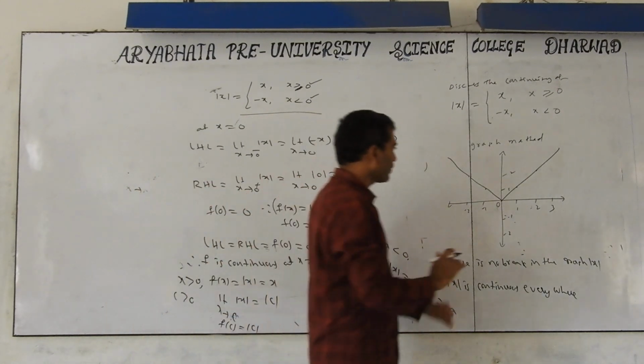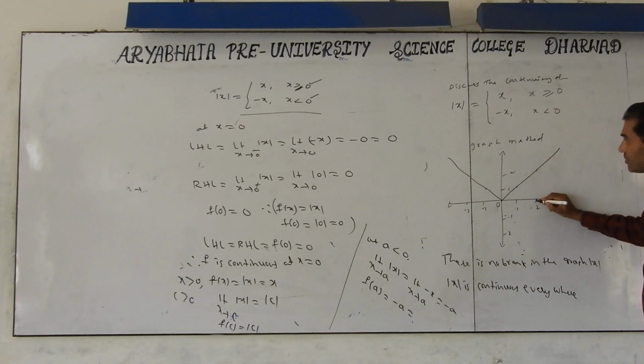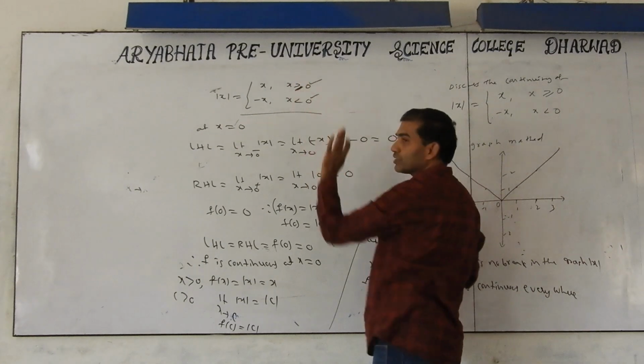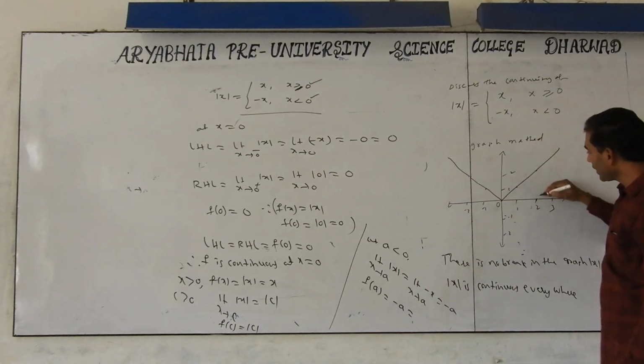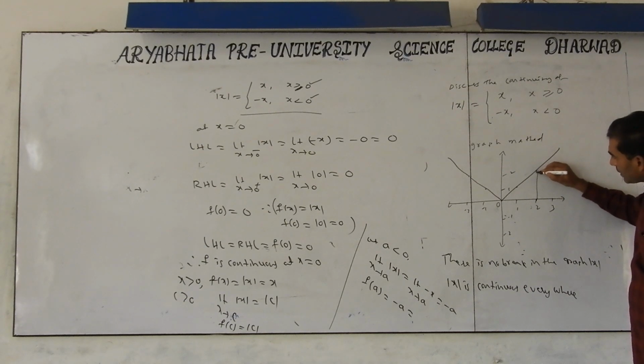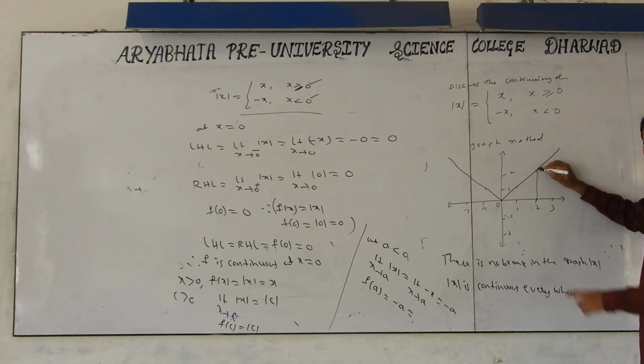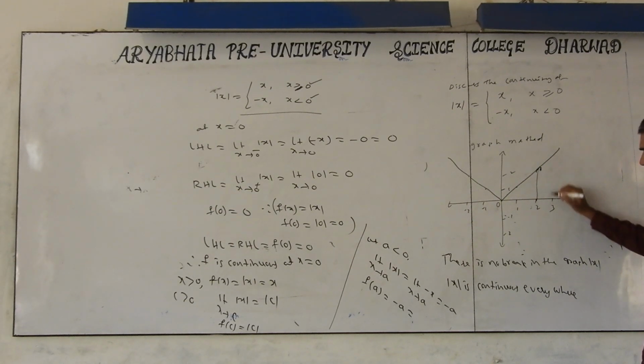See, if you take 2, it comes under above 0. Here the left limit, right limit of 2 and function value are all the same. All are very close, there is no break here. If you take 3, same. If you take 1, continuous.